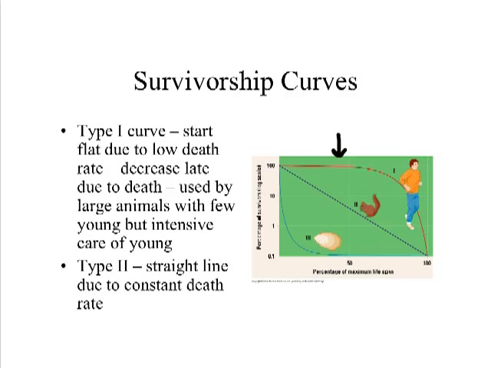Now type 2 is the straight line right here, and that's due to constant death at whatever age. So it's kind of the same survivorship at whatever age. The older you are, you're just going to keep dying.